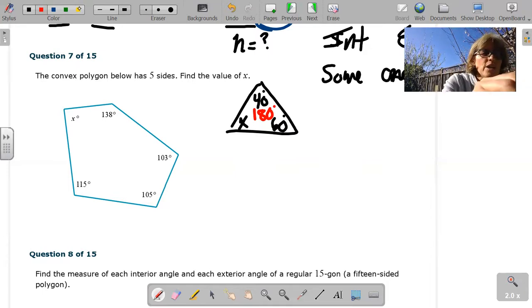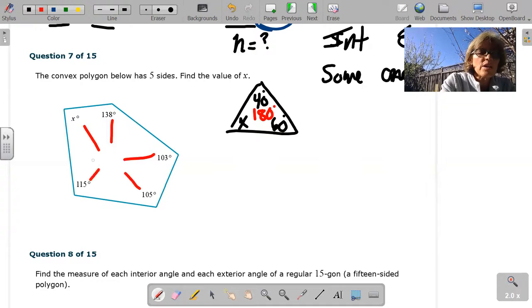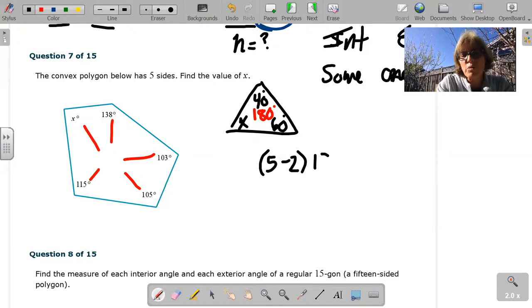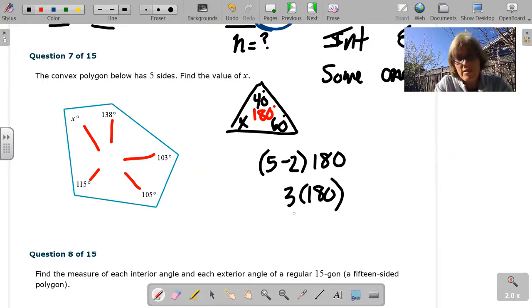So the question here would be, what would be the sum of the interior angles? Sides minus 2 times 180. Find the sum, which is 3 times 180 here. We get 540.